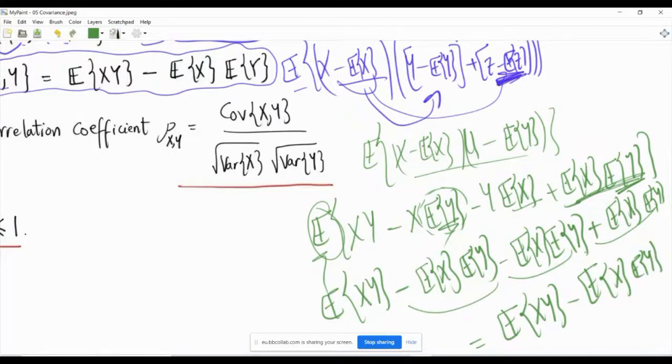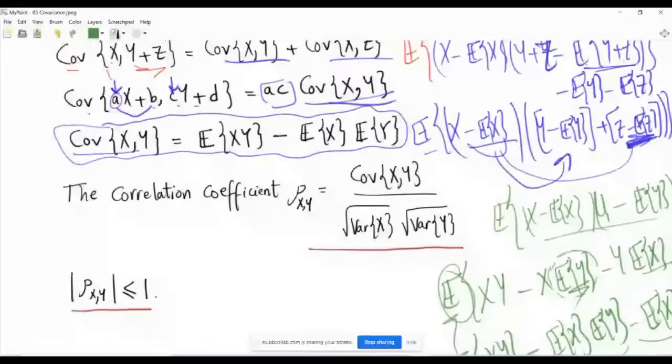So you can compute the covariance by subtracting expected x from x, expected y from y, multiplying and taking expectation, which is the definition. But you can also take expected xy and subtract expected x times expected y, and this also gives you the covariance.